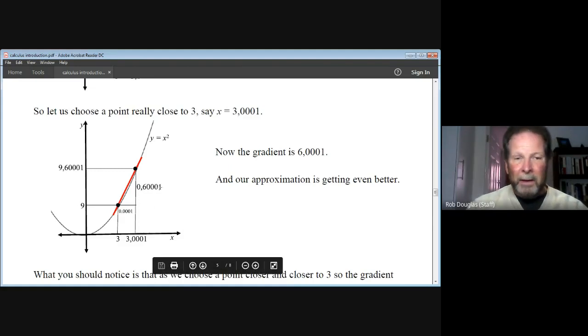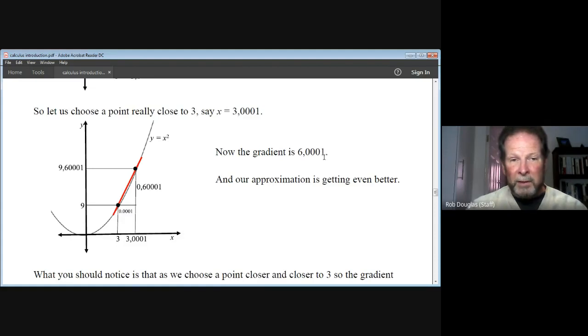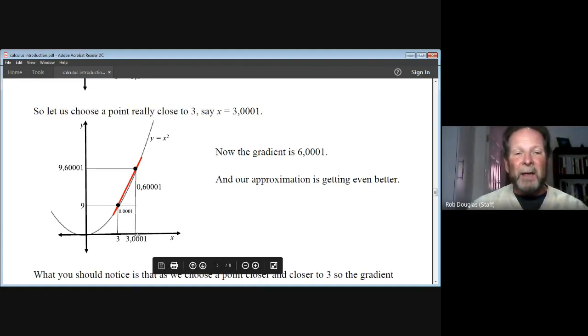But anyways, if you took the rise over the run, you actually do get 6.0001, which is incredibly close to 6. The big deal is the smaller we make this, the better approximation we get of what the gradient's going to be right at that one point.